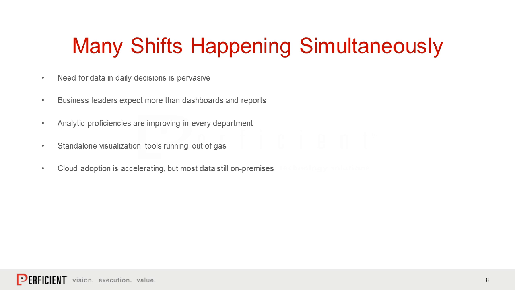Although cloud adoption is accelerating, most organizations still have hybrid applications with both on-premise and cloud data sources. Business users want to be able to combine data sources regardless of where they are fairly quickly so timely decisions can be made and acted upon.